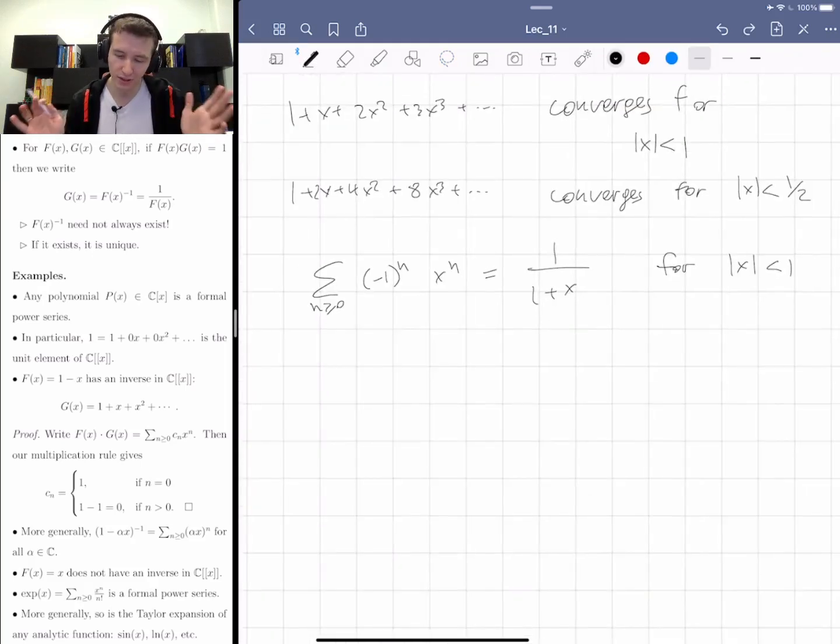Now these are sort of general statements about formal power series. Now let me try to talk about sequences of interest to us.